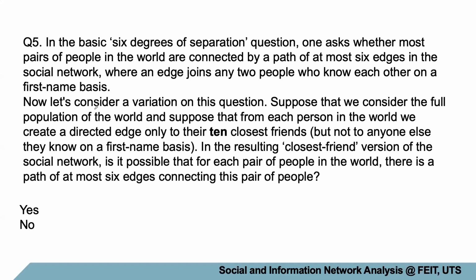So in the basic six degrees of separation, one asks whether most pairs of people in the world are connected by a path of at most 6 degrees in the social network, where an edge joins any 2 people who know each other on a first-name basis. That's the sixth degree of separation.